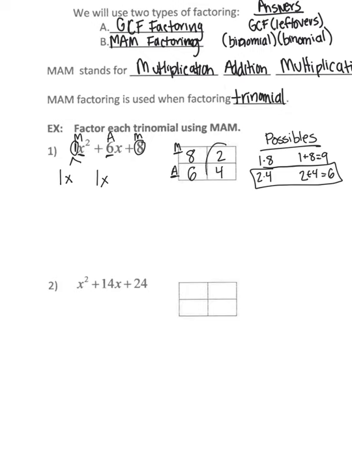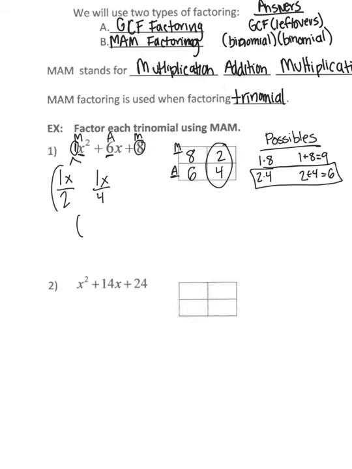Then I'm going to take my two numbers, and those are going to go on the bottom of my fractions. So I've got a 2 and I've got a 4. If you can simplify any of those fractions, that's going to be your next step. But in this case, 1 over 2 and 1 over 4, that's as simple as it gets, so we can't simplify. Finally, once I have my fractions, I can create my binomial.